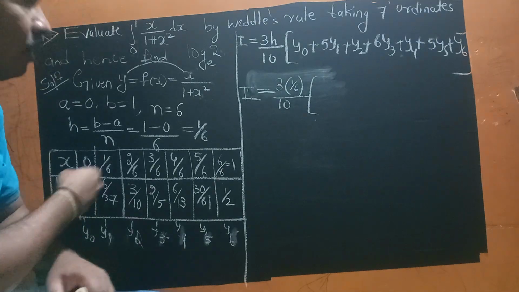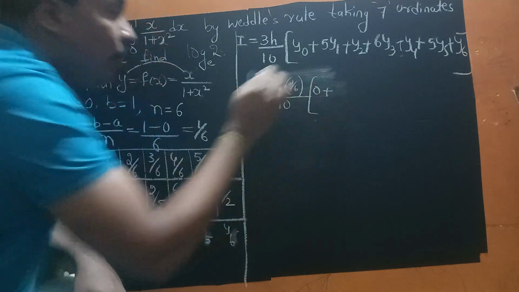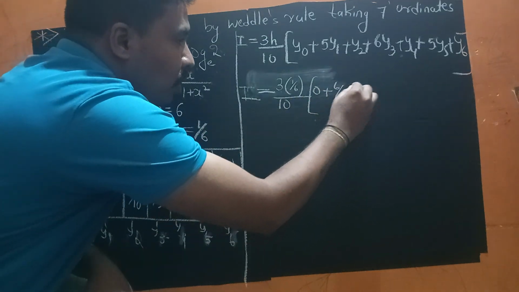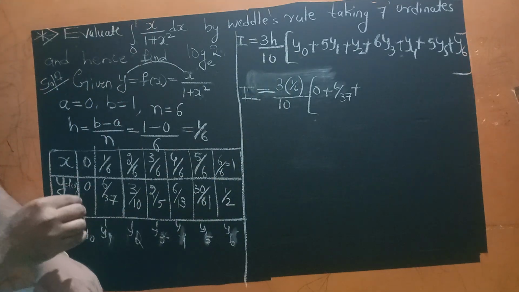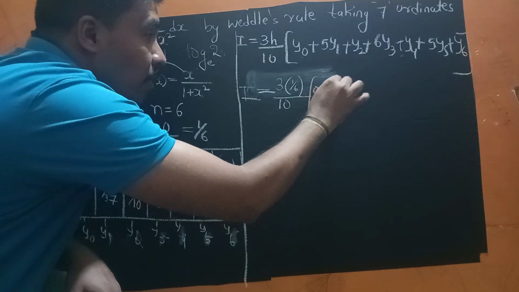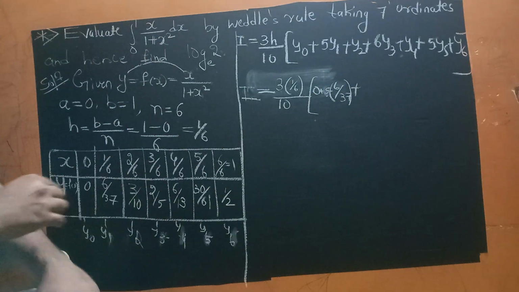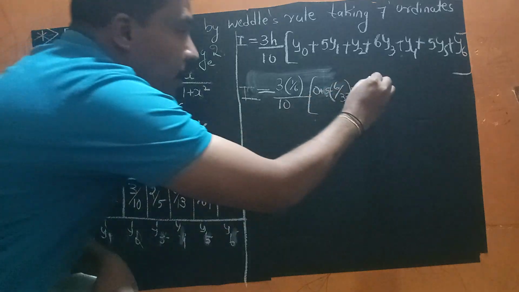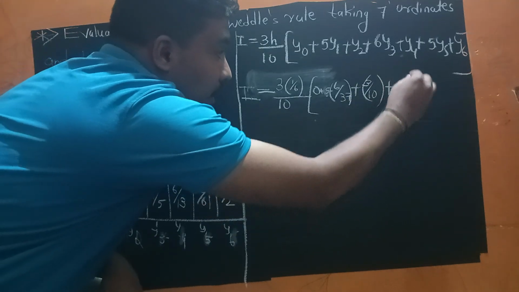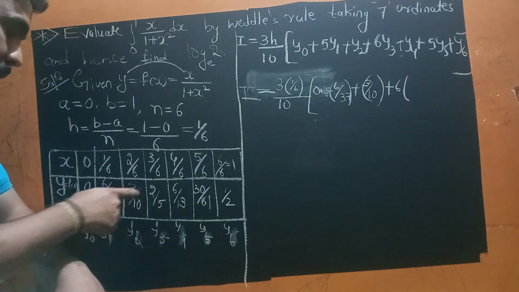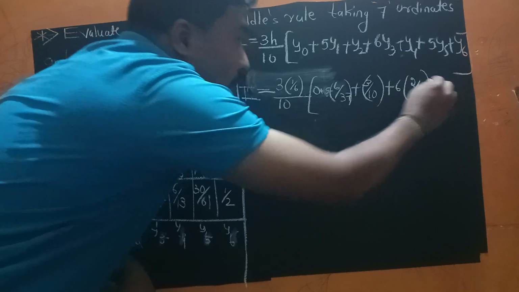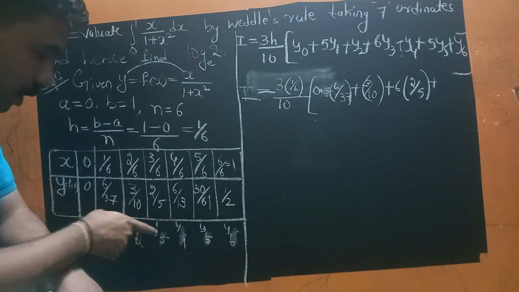What is the y0? Y0 is 0, plus 5y1, right? So 0 plus 5 into y1, plus y2, y2 is 3 by 10, plus 6y3, so y3 is how much? 2 by 5, plus y4, y4 is how much?